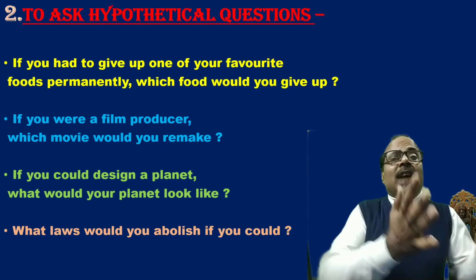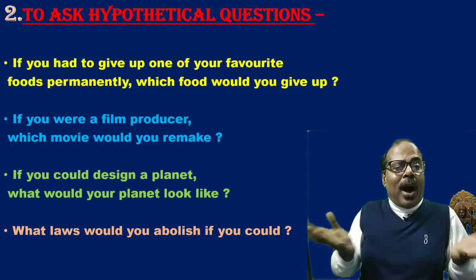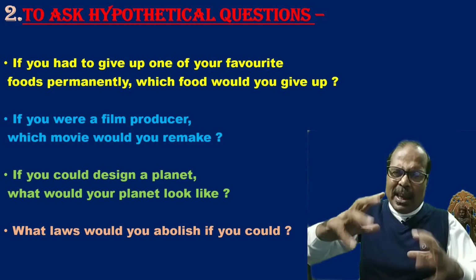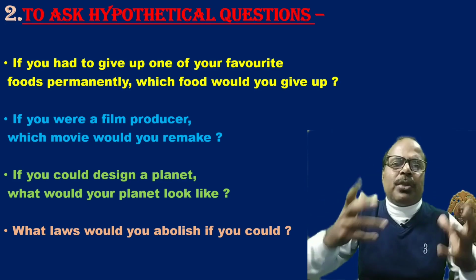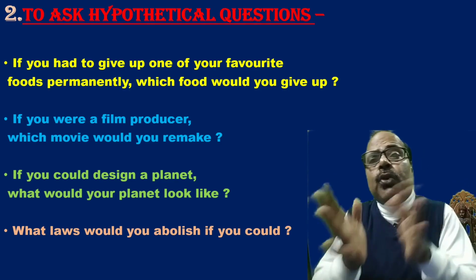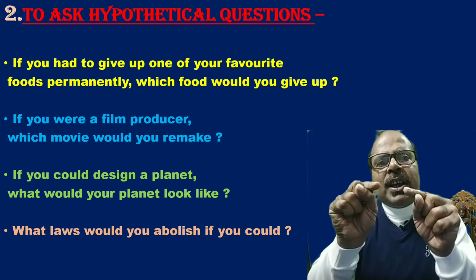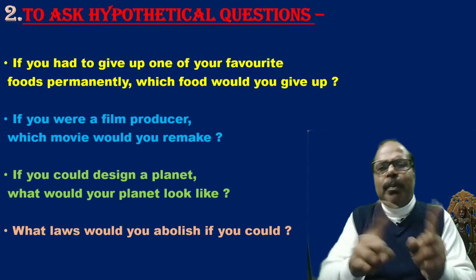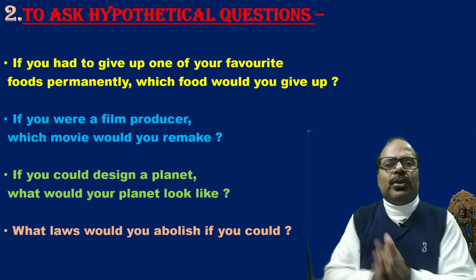If you could design a planet, what would your planet look like? So all these are imaginary situations, out and out imaginary, not the real ones. What laws would you abolish if you could? In the conditional clause, we can use could to mean was able or were able to do something.